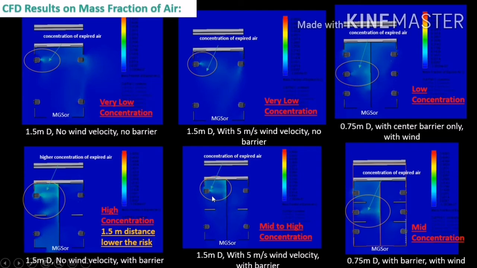And for this simulation, you could see the concentration of expired air because there's a barrier that makes the droplets stay longer inside the vehicle. So there's high concentration of expired air, mid to high.